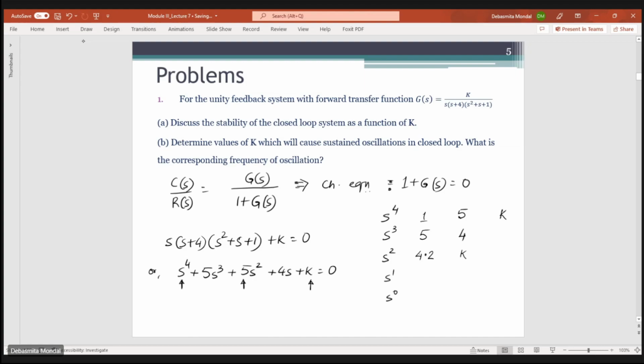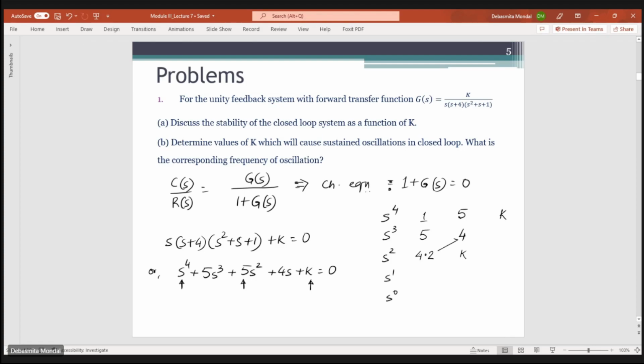For this next row, ma'am, 5K minus 16.8 by 4.2. Why will 5K come first?